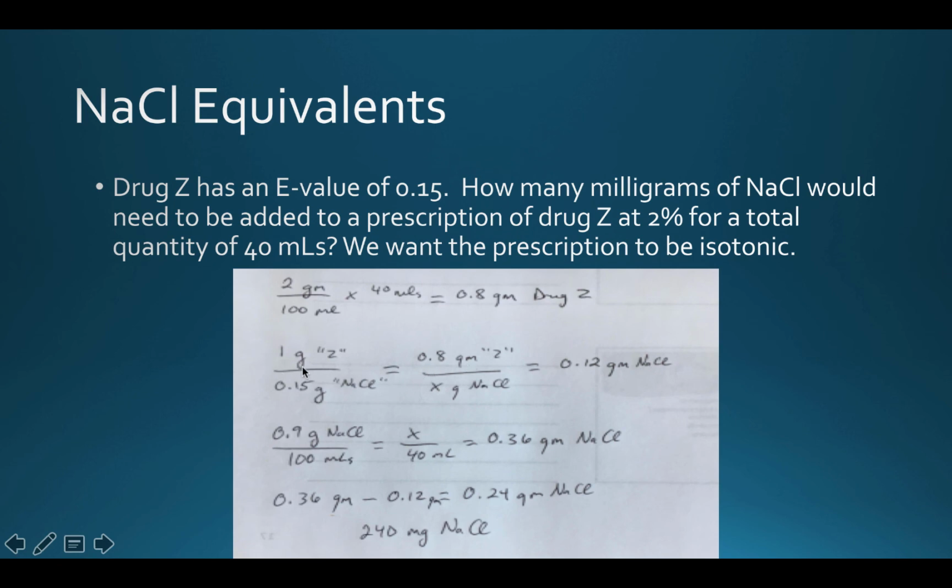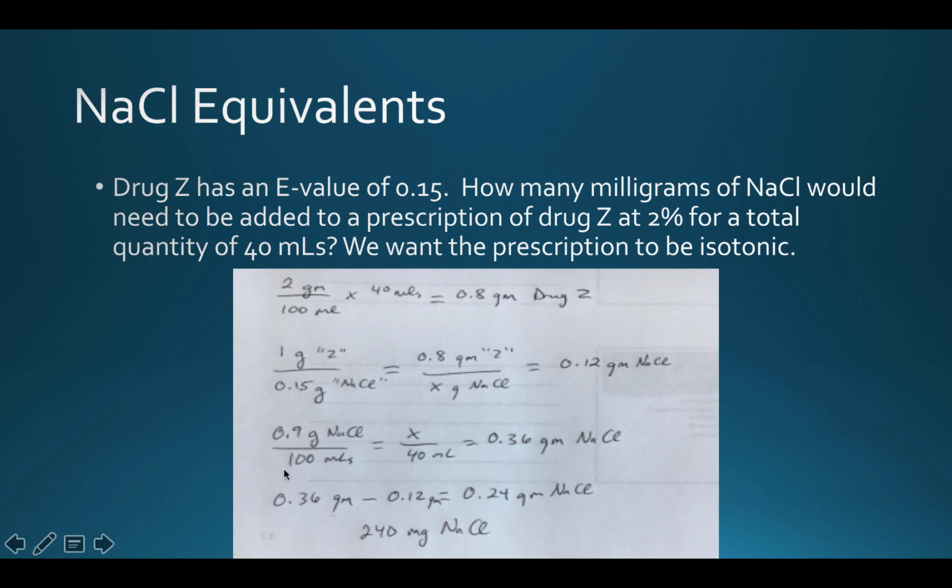And so solving that, we don't have a full gram of drug Z. For our compound, we've got 0.8 grams of drug Z. So we want to know what is that approximate sodium chloride in grams that drug Z will provide. So solving for that, that'll provide 0.12 grams of sodium chloride.